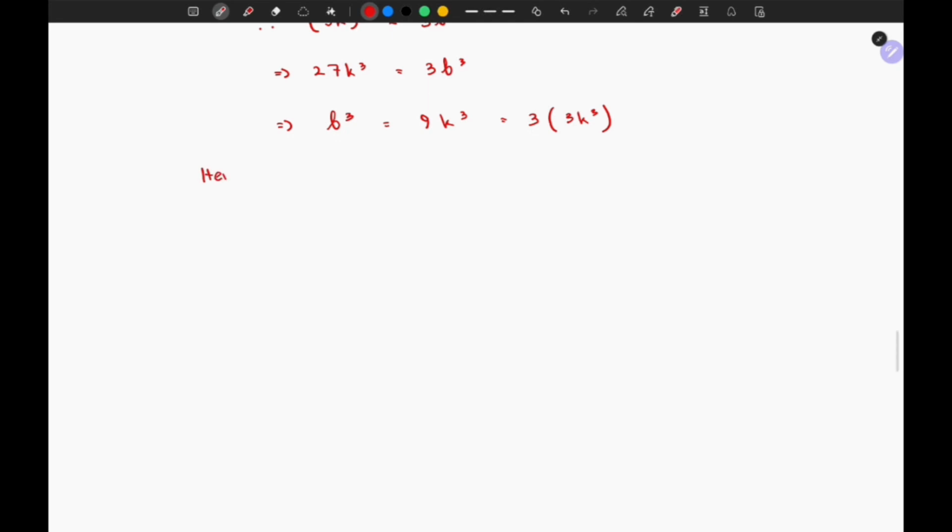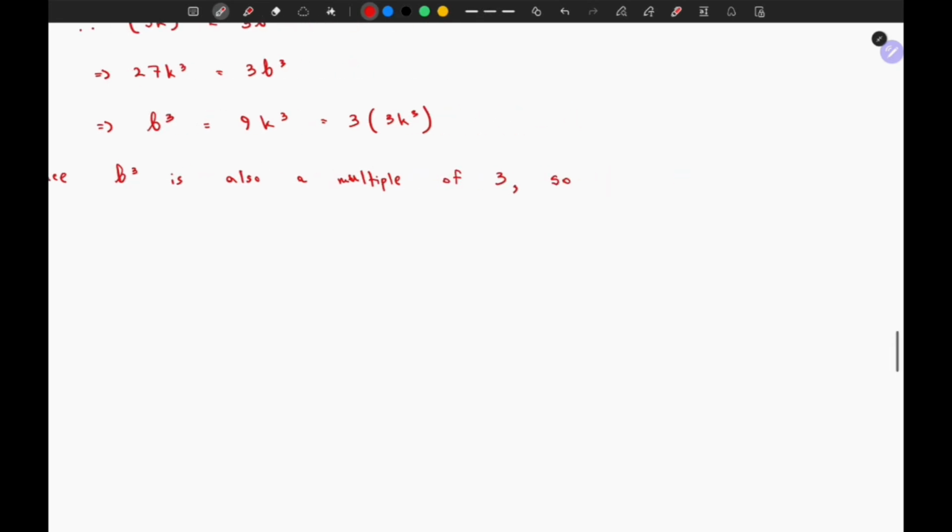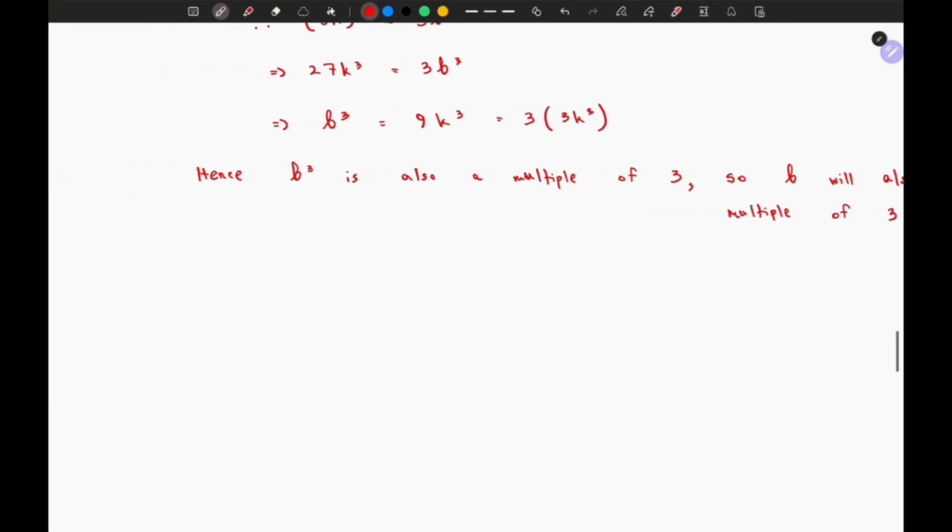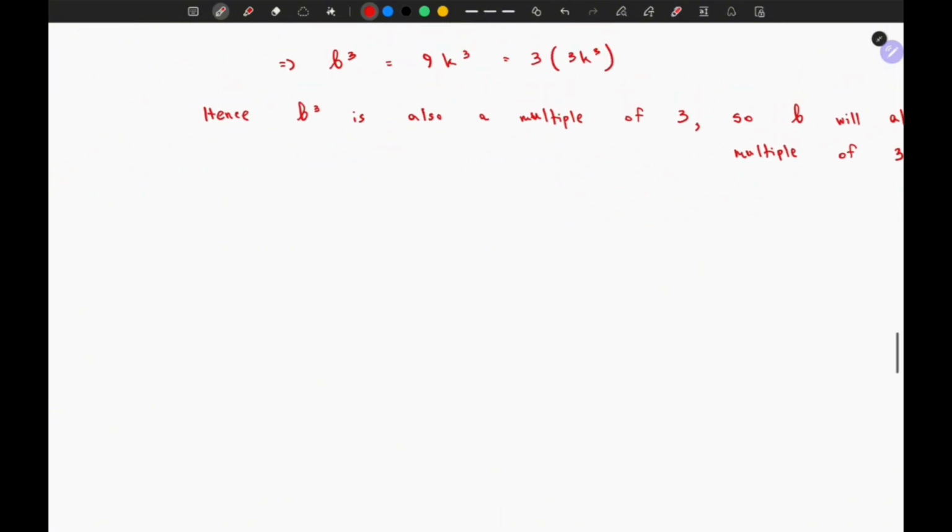So hence b cubed is also a multiple of 3. So b will also be a multiple of 3. So now this contradicts our assumption that a by b is in its simplest form.